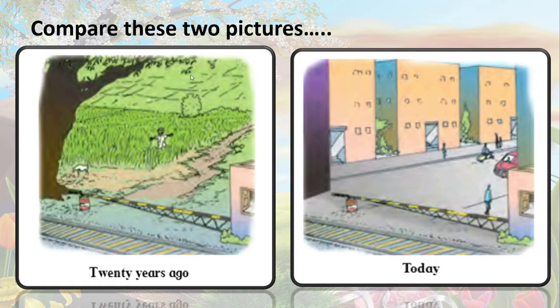Okay? Now, first we have to compare these two pictures. You know how to compare the pictures, right? Okay, now first we will observe this 20 years ago picture. Here we can see the farm.